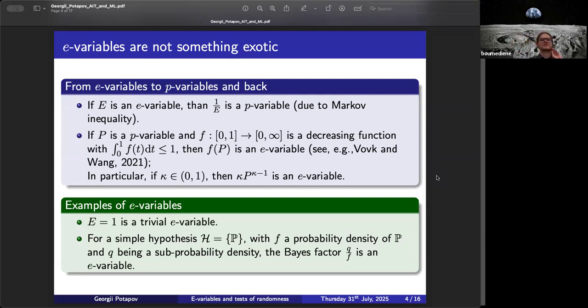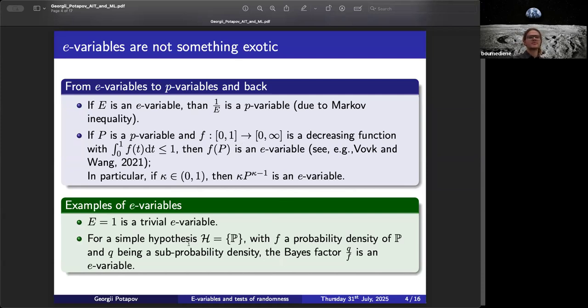From e-variable we can easily get a p-variable, and if we have a p-variable we can calibrate it, for example like this, and get an e-variable. So if we have a statistic of one type, we can get a statistic of another kind.